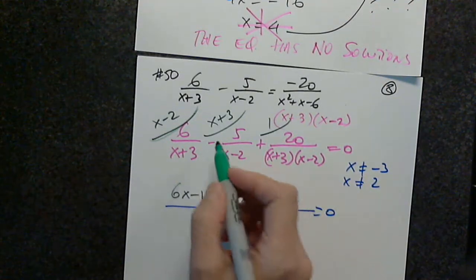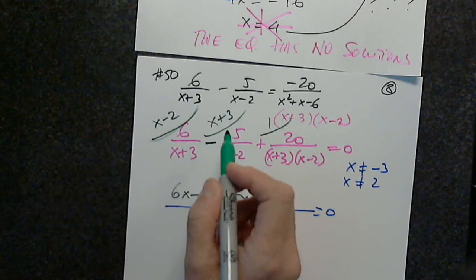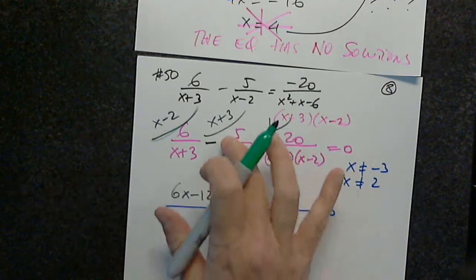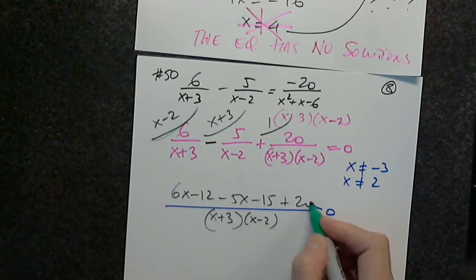Minus. So you cannot just distribute this sign to only pick and choose terms, right? So you have to distribute all the way for this fraction. So that's why we have this. And then plus 20.